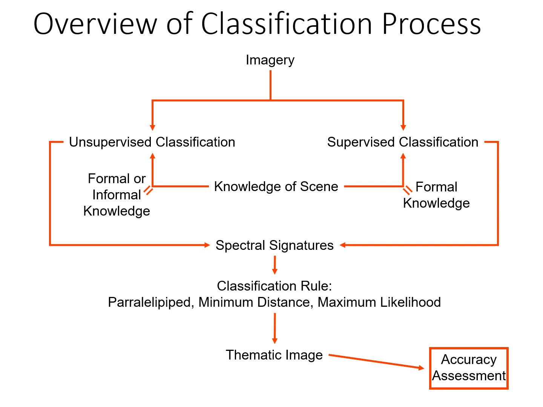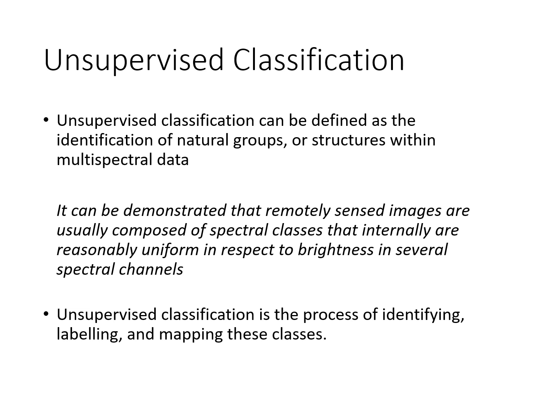So now we've gone through the types of classes. We can now start talking about unsupervised classification. So unsupervised classification is just identifying natural groups of spectrally similar pixels, or we sometimes think of this as structures in multispectral data.